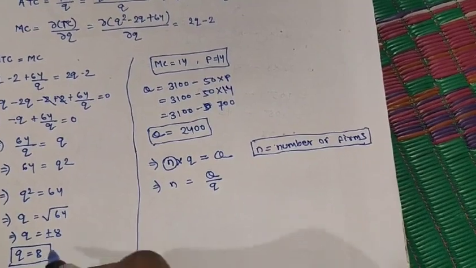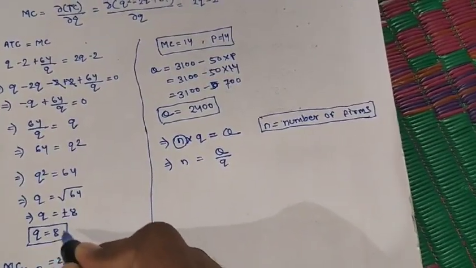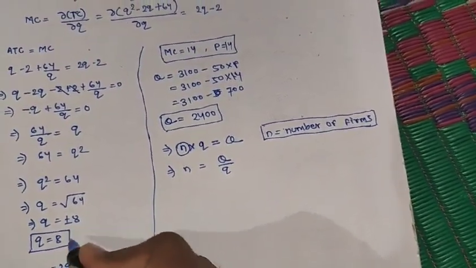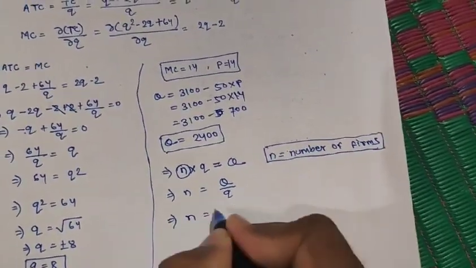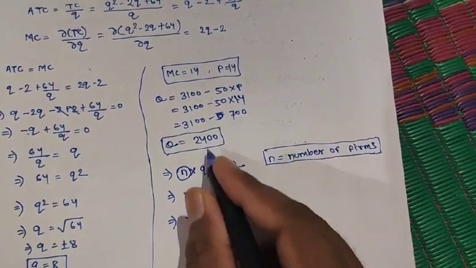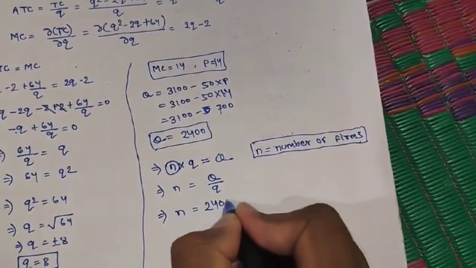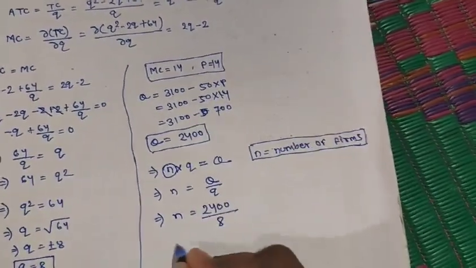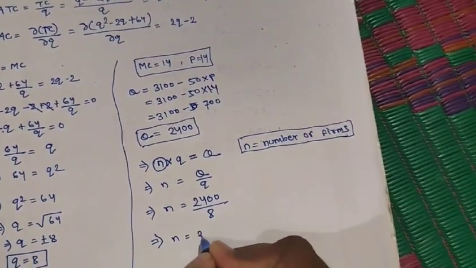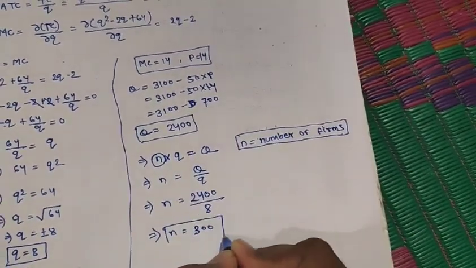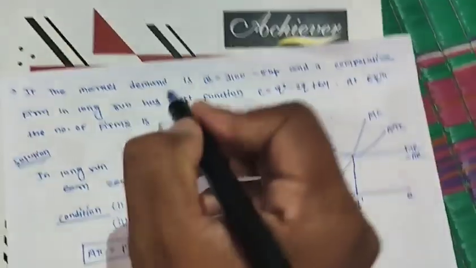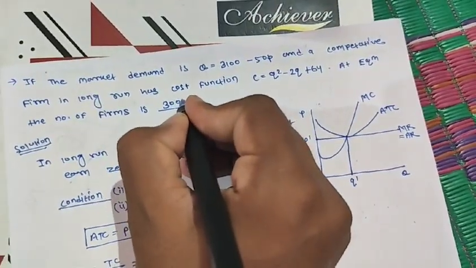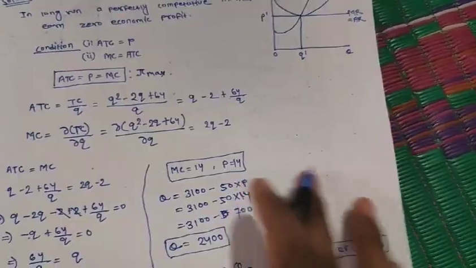What is small q? That equals 8, which we found by equating average total cost equal to marginal cost. Now simply, Q is equal to 2400, 2400 upon 8 means N equals 300. Now the total number of firms in the perfectly competitive market is 300. Now put this here, 300. This is the way to solve the question.